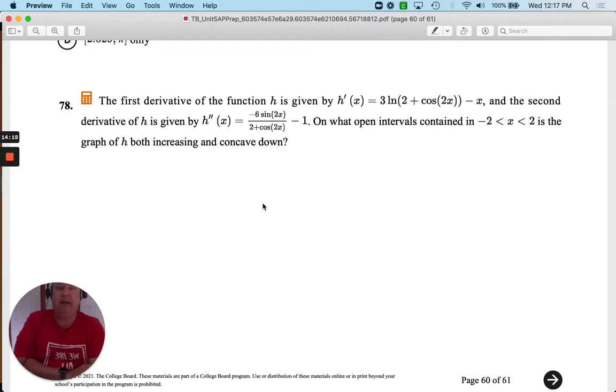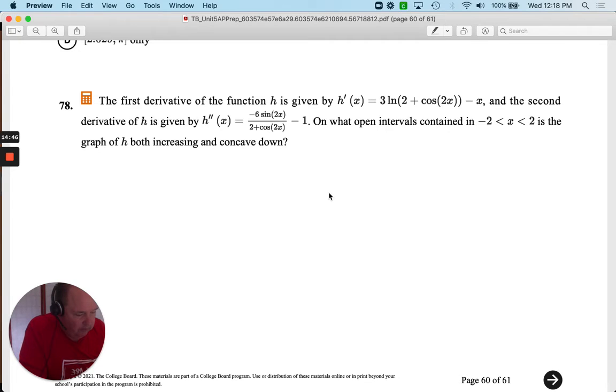Number 78, we're going to use our calculator again. And again, it asks on what intervals is the graph both increasing and concave down. So first of all, just type in the derivative. We can just look off the derivative. So erase what you just have and type that in.